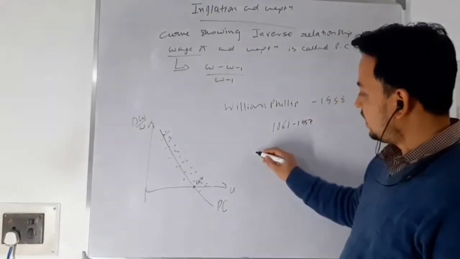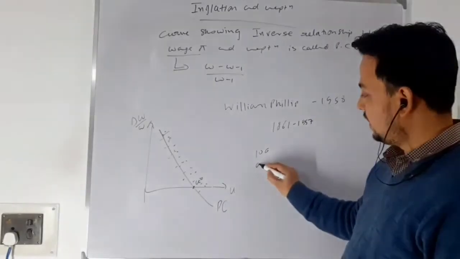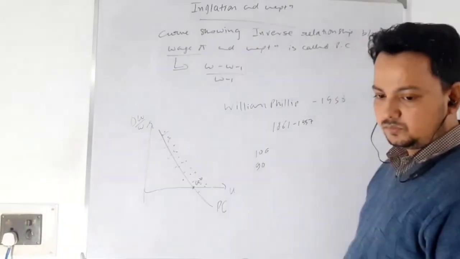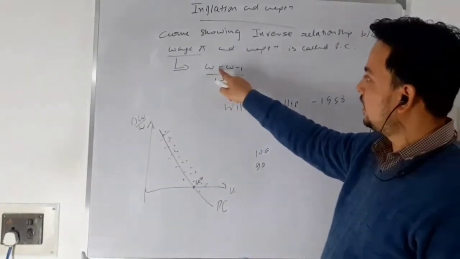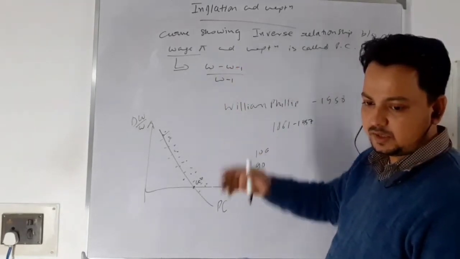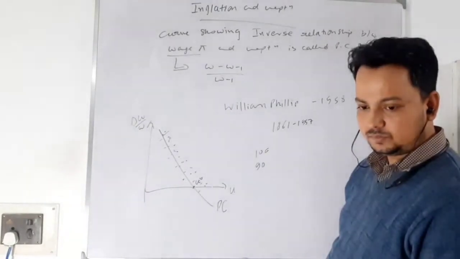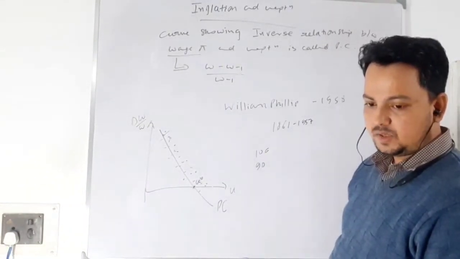That means if my current year wage is 100, next year my wage will be 90. Then you put 90 minus 100, and it will be 10% deflation, as in the example I have given. Is that clear, everyone?